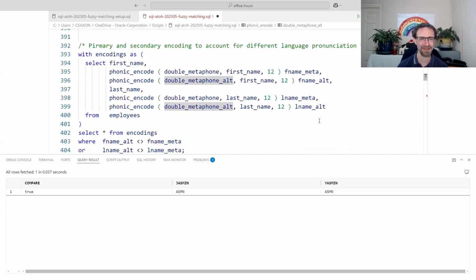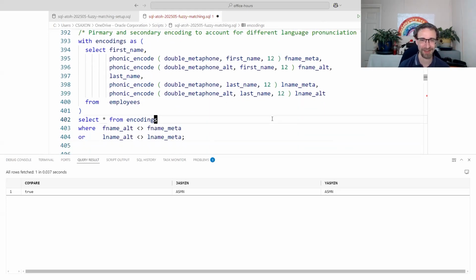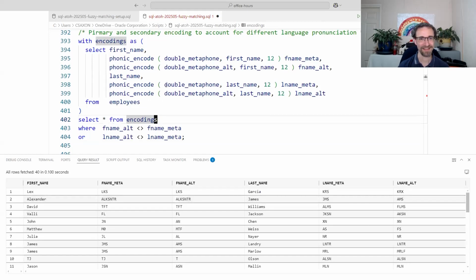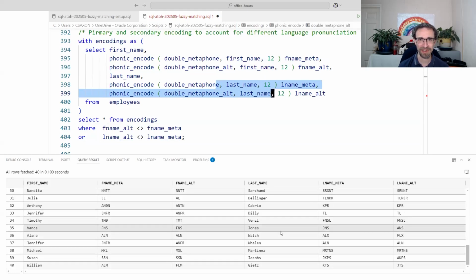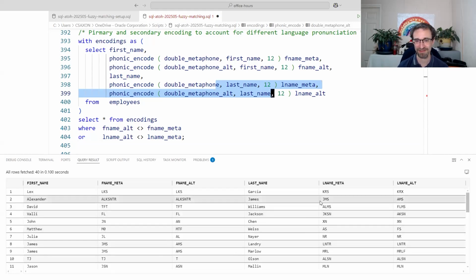All right, so again, there's a whole stack of these rules. There's too many, I'm not going to bore you with all the details. You can look them up if you need to. And you can see we just compare the alternate spellings for the first and last names for the people in the employees table. There are quite a lot of situations where one or both of these are considered different based on the kind of language pronunciation.